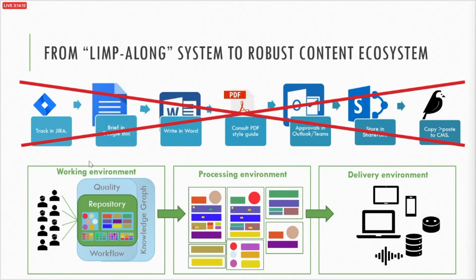And so we have things like help authoring tools, or a CCMS, or other work. And I'm not going to say what the working environment needs to be, but that's where your working environment should be. And that's where you look at quality, you look at your tagging up your content, you look at workflow, and so on. Then you have a processing environment.